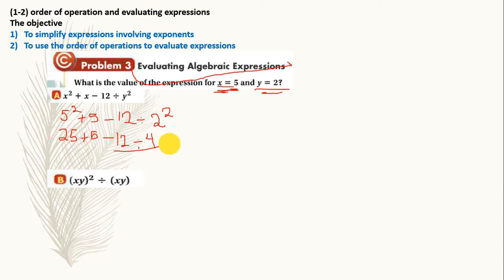We have multiplication and division only here. So 25 plus 5 minus 12 divided by 4, it's a 3. In the next level, we just need to calculate. So addition and subtraction in the same level. So 5 minus 3 is 2. 2 plus 25, which is 27.